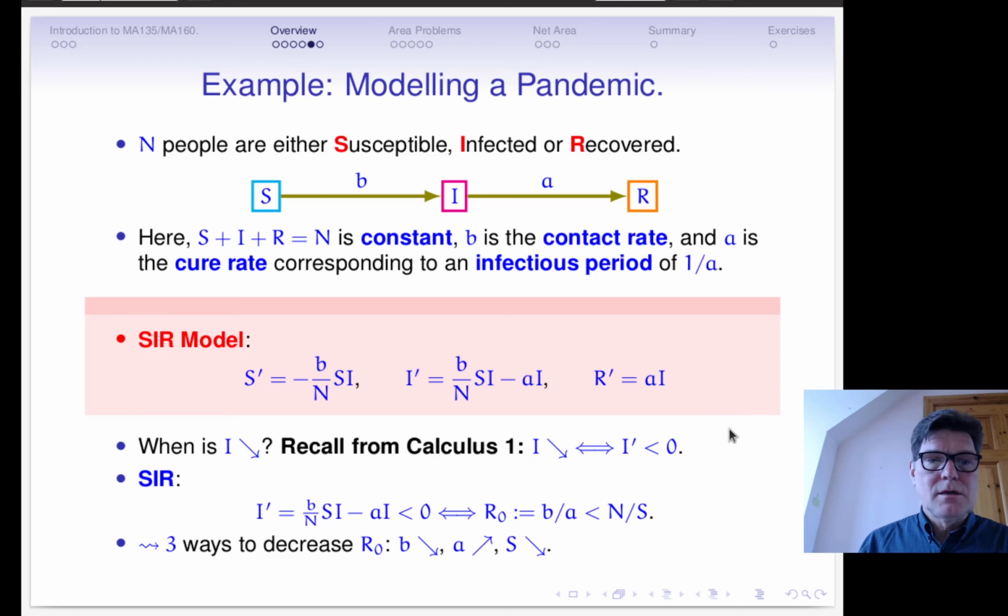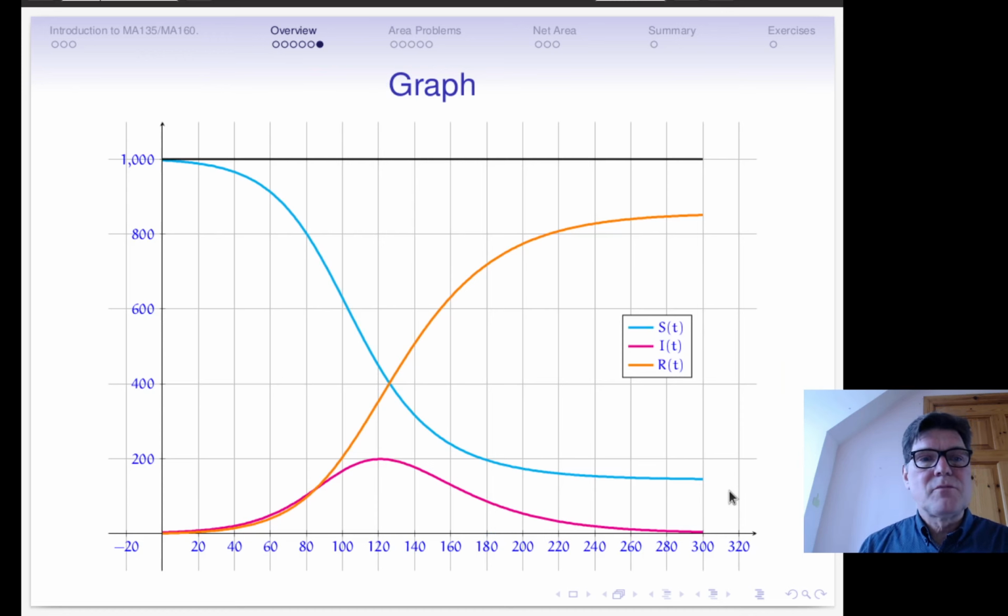For more detail, one can use this model as a simulation and then maybe set up a graph of how these numbers S, I, and R evolve over time. So this here is for a particular choice of the A and B parameters, a 300-day period.